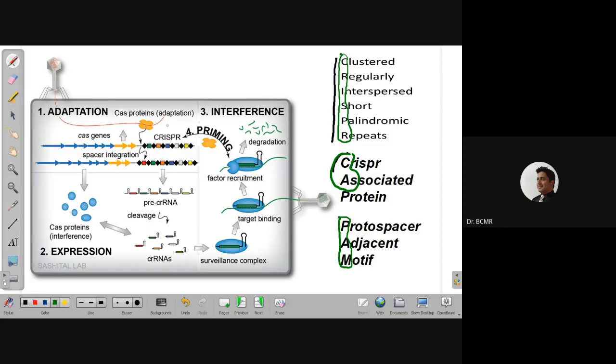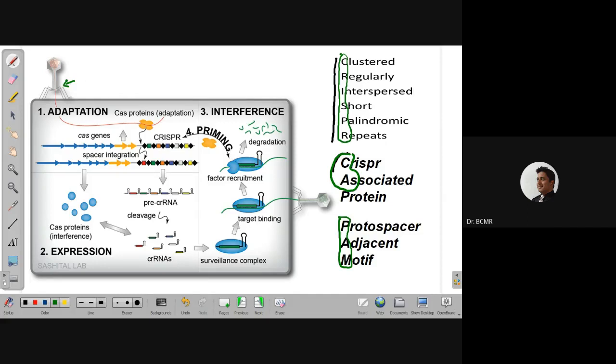In the last class, we focused on biology. What is their function in the bacterial genome? It can be broken down into four steps. The function of CRISPR repeats or genes is to provide a kind of immunity against bacteriophages.